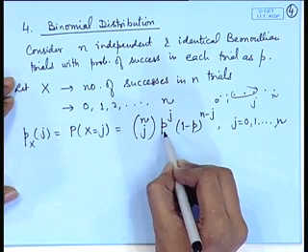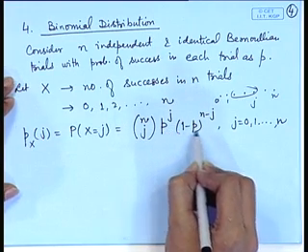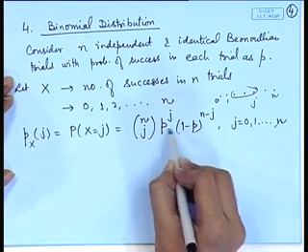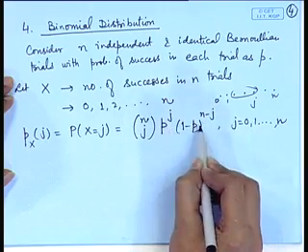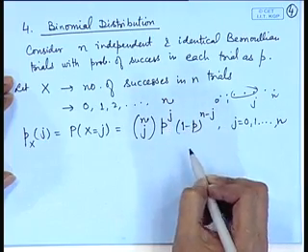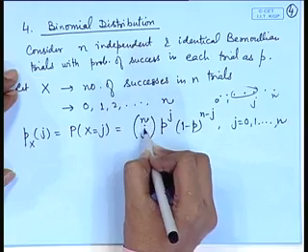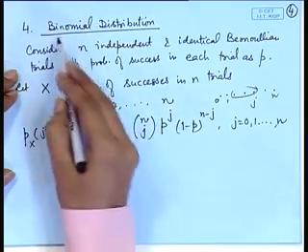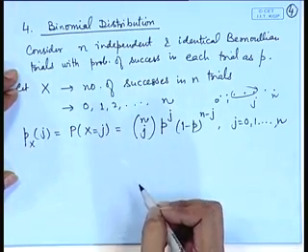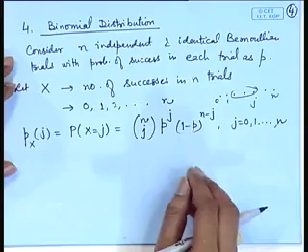Here we have made use of the independence of the trials, because the probabilities of individual trials, whether success or failure, have been multiplied. Since the binomial coefficient nCj occurs here, that is why it is known as binomial distribution. This distribution has wide applicability.